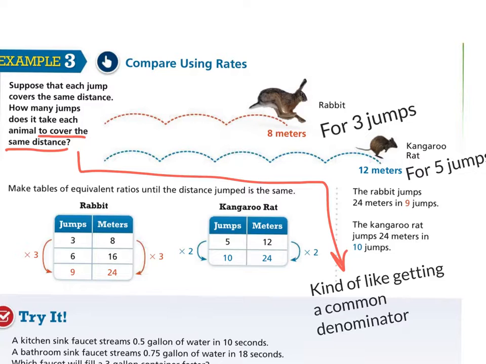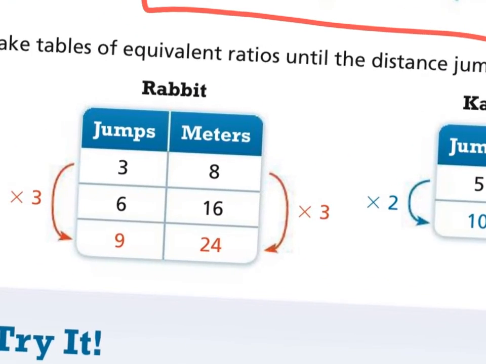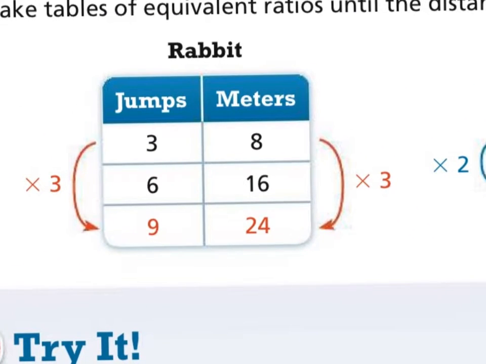So one option we have, if we look at the rabbit, we could figure out some equivalent ratios until we get something that's the same. So if 3 jumps for the rabbit took them 8 meters, if we just double those, 6 jumps would be 16 meters.